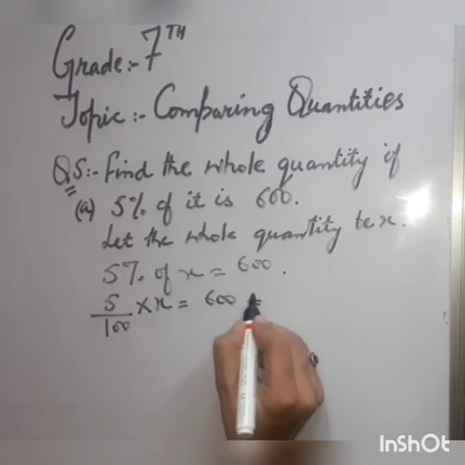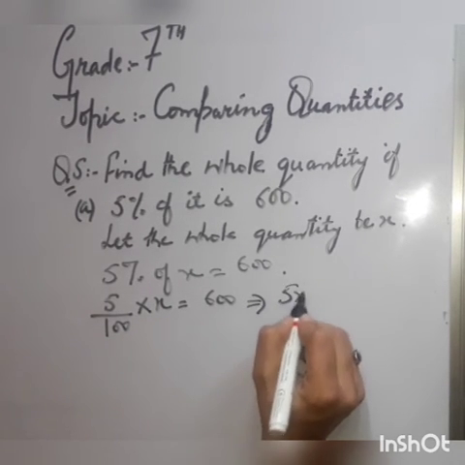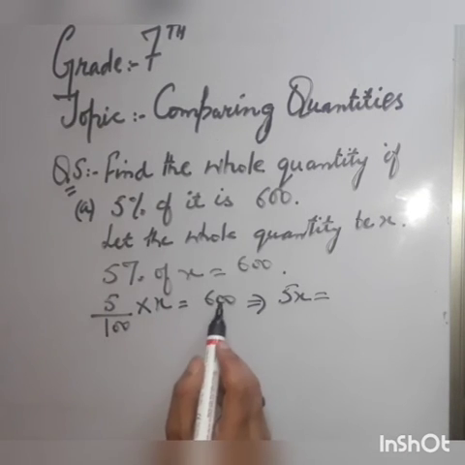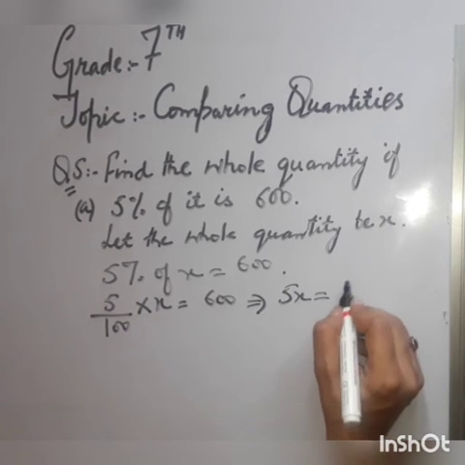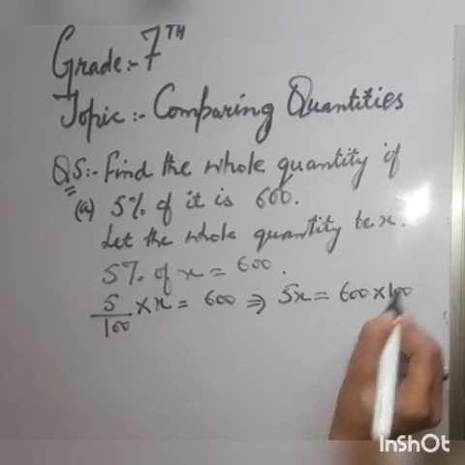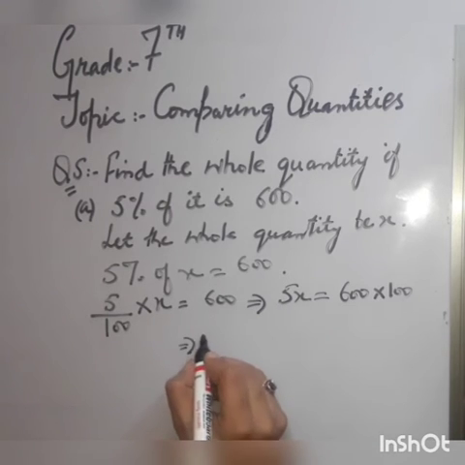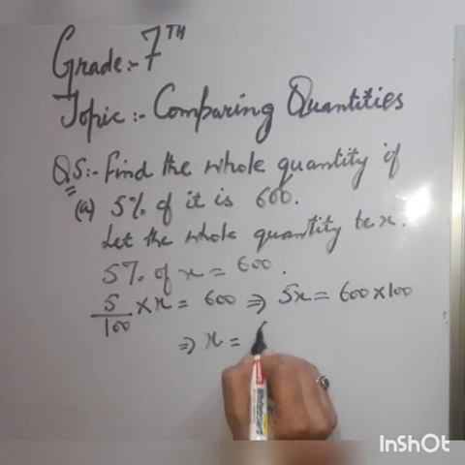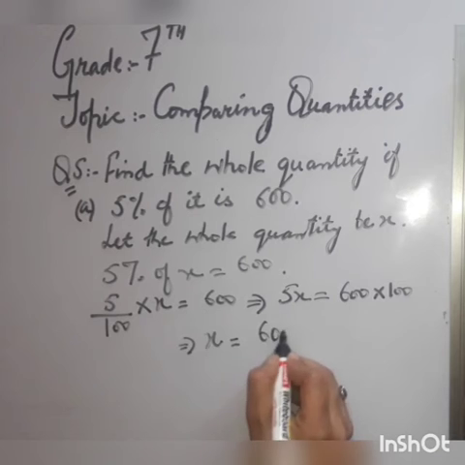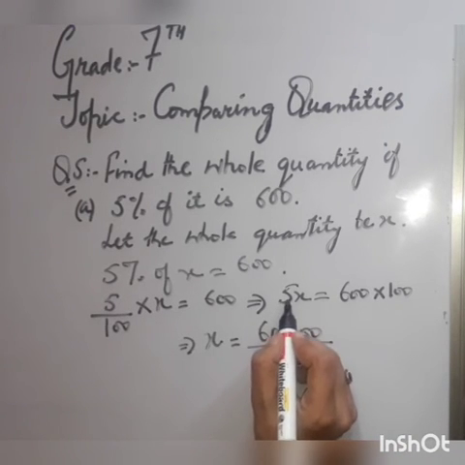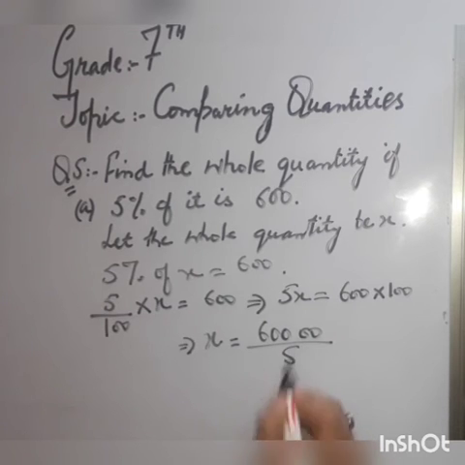Clear? Now this 5 into x is 5x. This 100 is in division, so when shifted to the other side of the equation, it will go into multiplication. So 600 into 100. So we can write 5x, or we can simply write x is equal to 600 into 100, which is 60,000, divided by 5, since 5 was in multiplication, it will go into division.